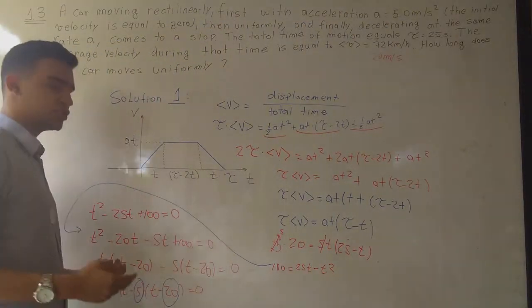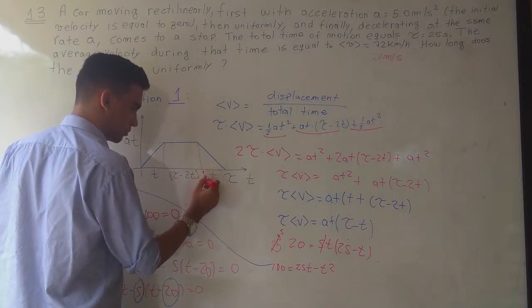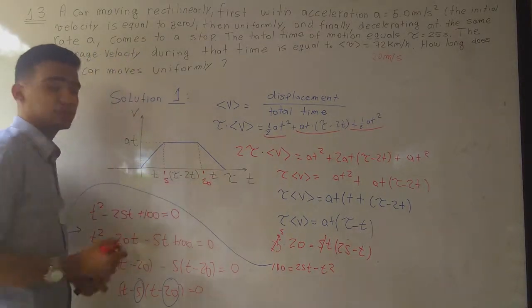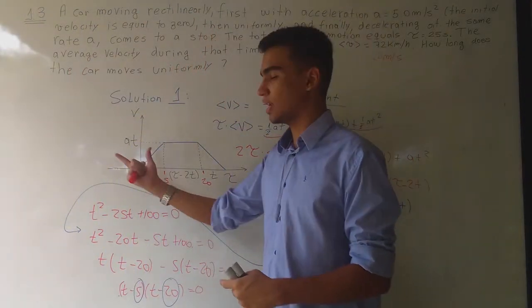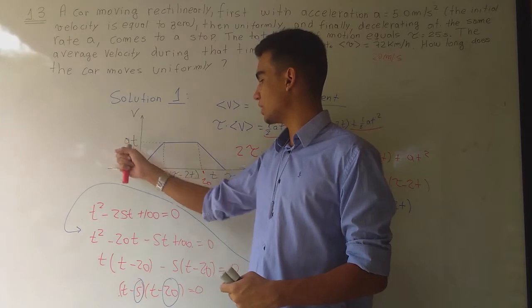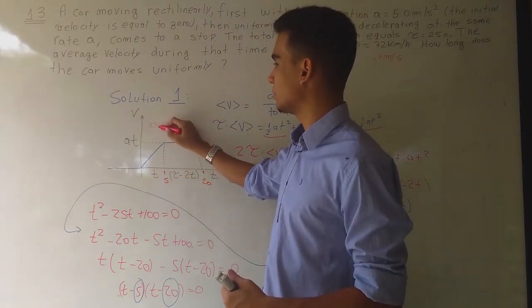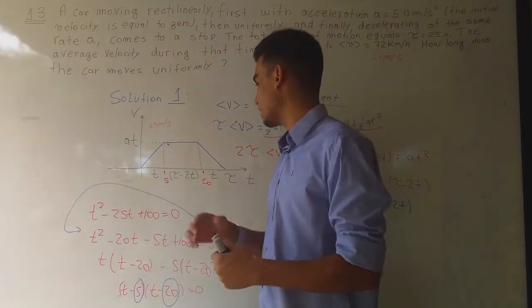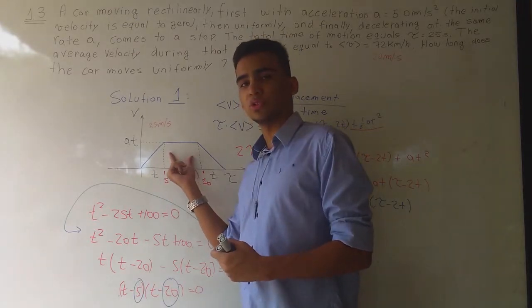Which are these 2 times? It's here 20 and here 5. So what is this velocity at? It is 5 times 5, 25 meters per second. And what is the time that the object spent in this part of the motion?